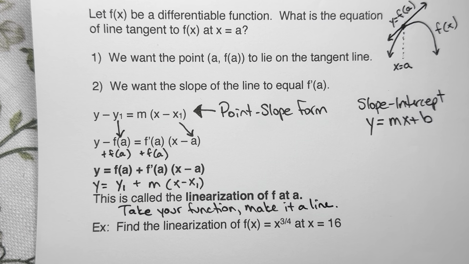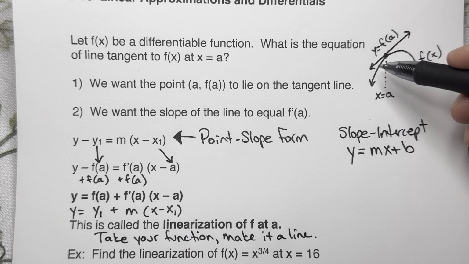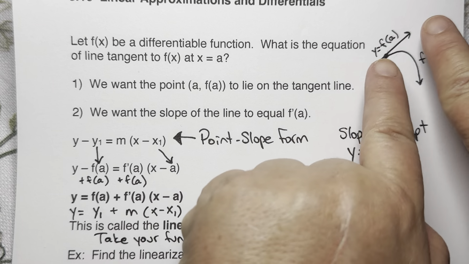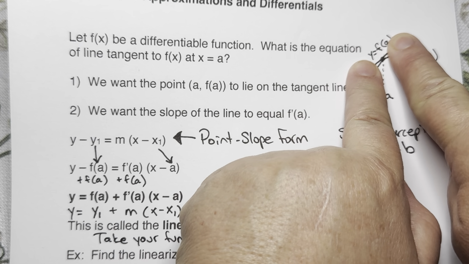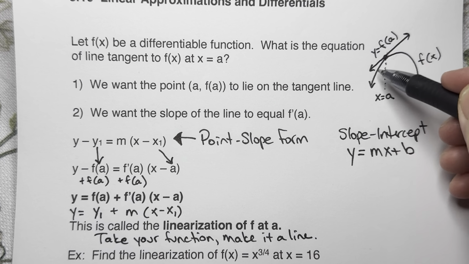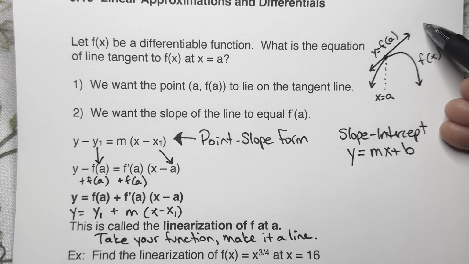Now, can we actually take any function and make it exactly into a line? No, and we've been talking about this the whole way through. When we find the tangent line, this line is a good approximation if we look really close to the point of tangency. But as you get further and further away, like in this case, if this is a parabola, the function is going to head down where the line just keeps going up.